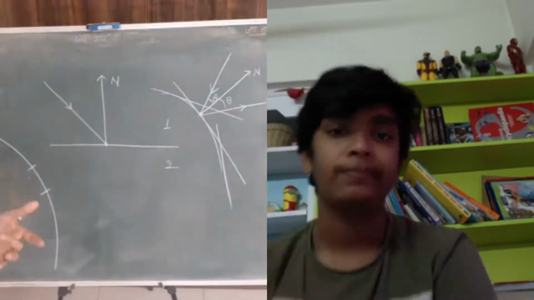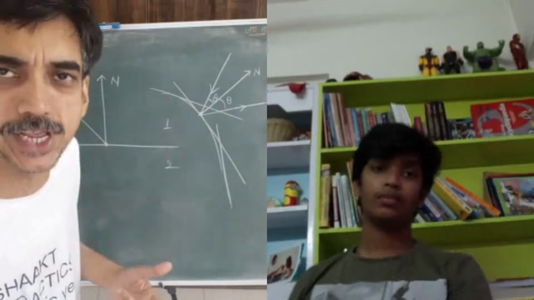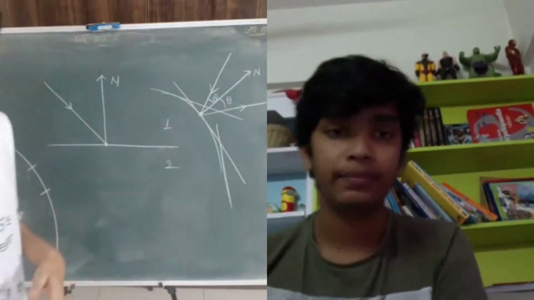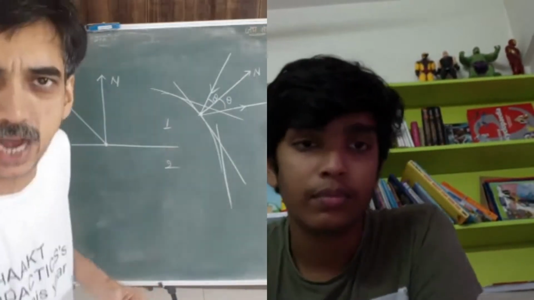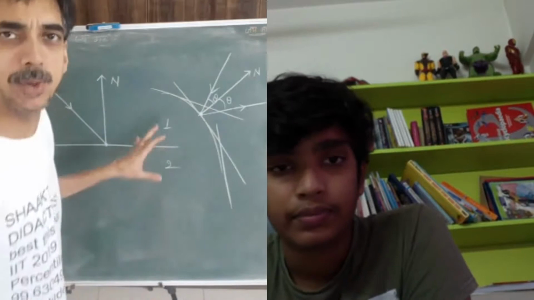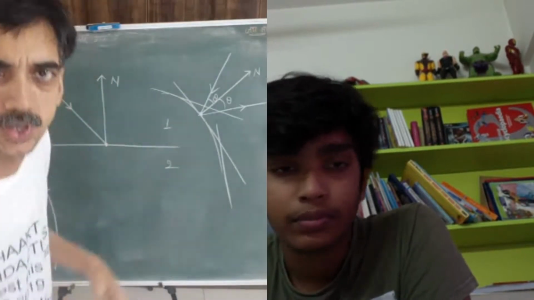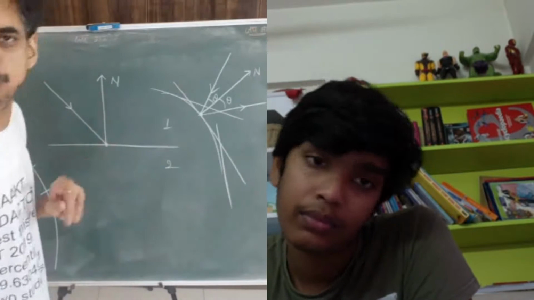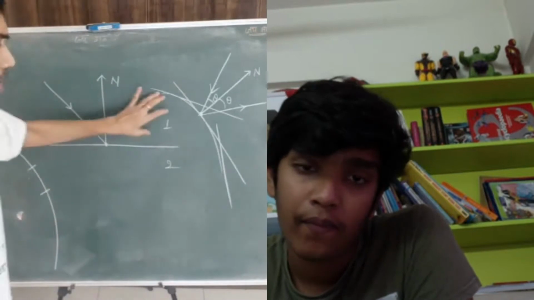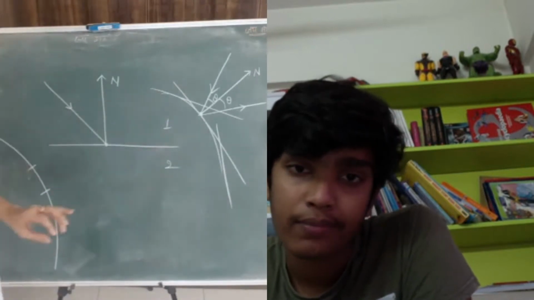Plural of medium is media, correct? So how many media do we have over here? Two. We have taken a set of media: this is the first medium, this is the second medium.